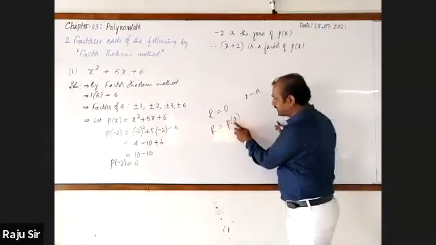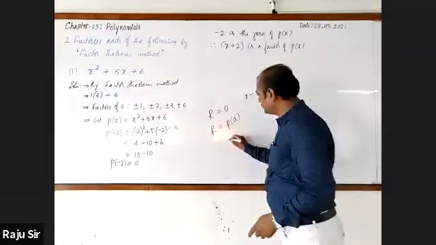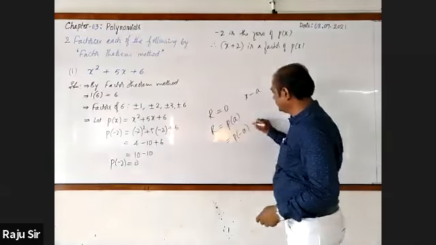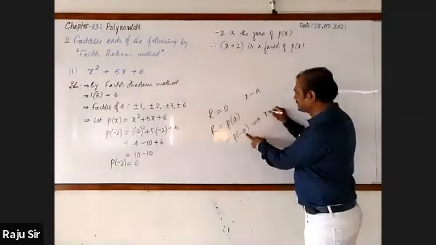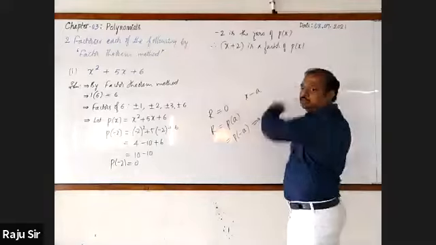So here it is plus a. That is why we will write it as x minus a. If we get p of minus a, this is to be written as x plus a. X plus a is a factor. Here minus 2. Therefore, x plus 2 is a factor.